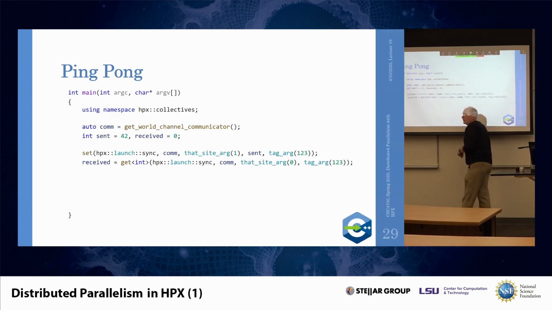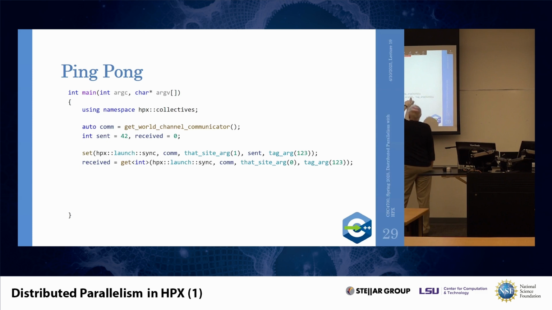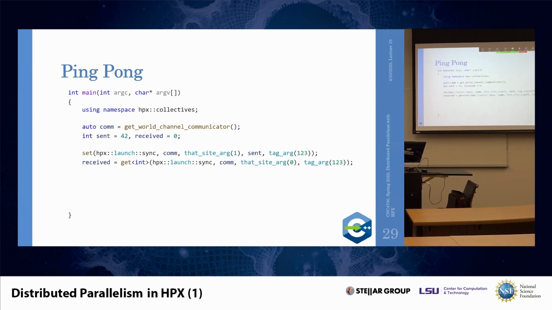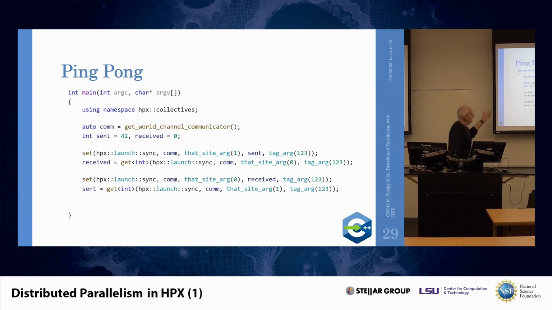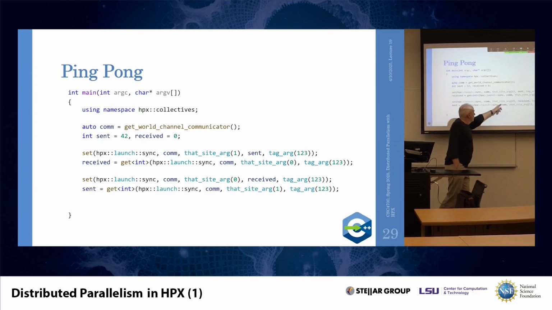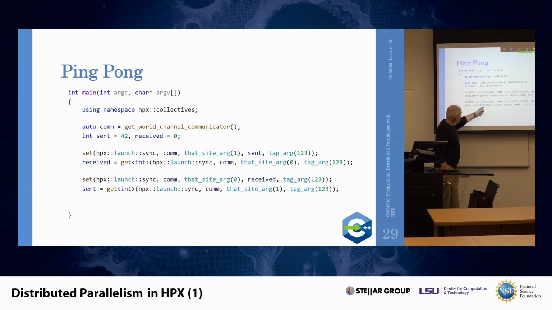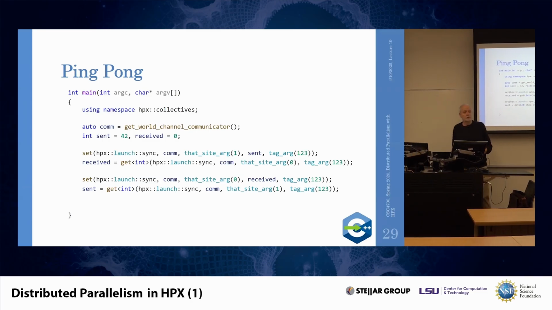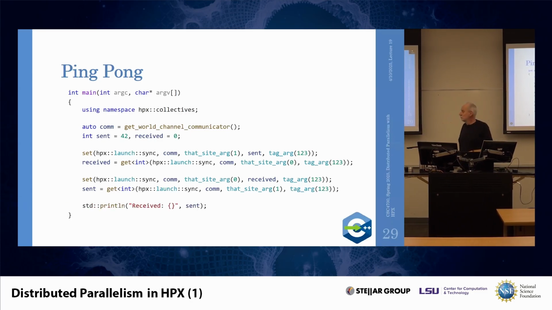Note, we have to explicitly tell it what type to expect. And say, okay, receive it from locality 0. Then we do the opposite. We say set. Now this time, send it back to locality 0. And the get operation receives it from locality 1. And then we print the value.